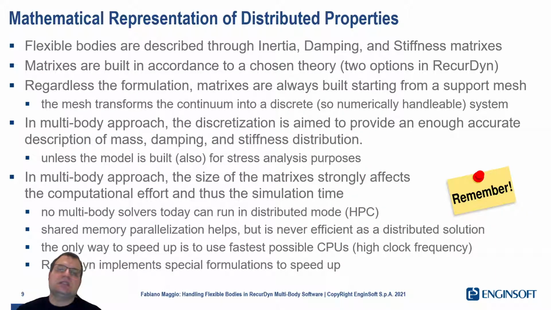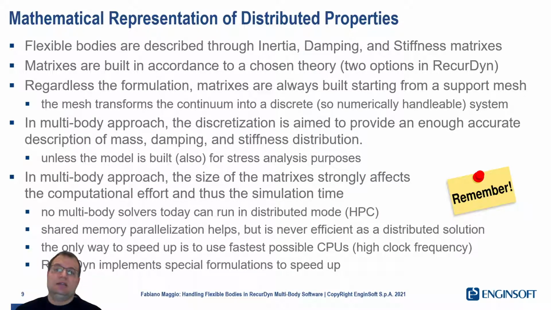Because once we have this number of nodes, we can play with the quantities related to the nodes, depending on the theory we apply, and we then can describe how these nodes move with respect to each other to return the flexible behavior. So the discretization is a mandatory step to go from rigid to flexible.